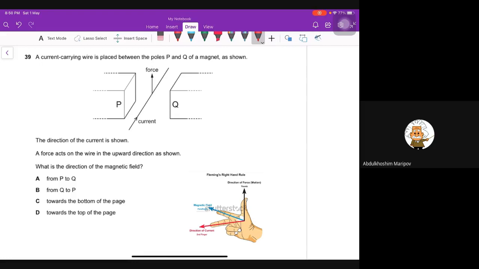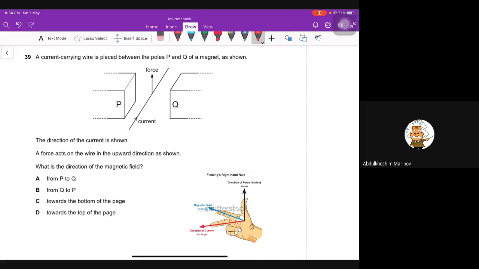What is the direction of the magnetic field? Now, thumb is motion. Motion means the force applied, okay? Your thumb would be motion, so your thumb looks up. Now, the first finger would be the magnetic field. The second finger would be the current.